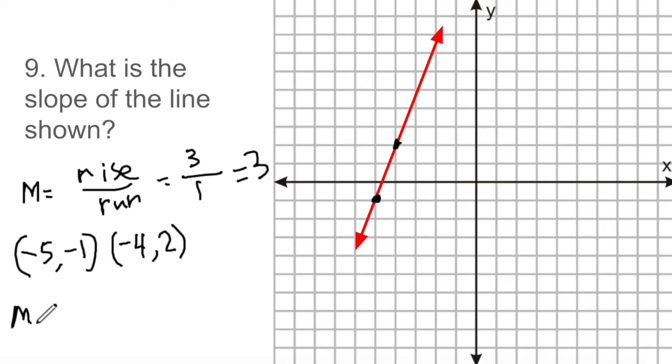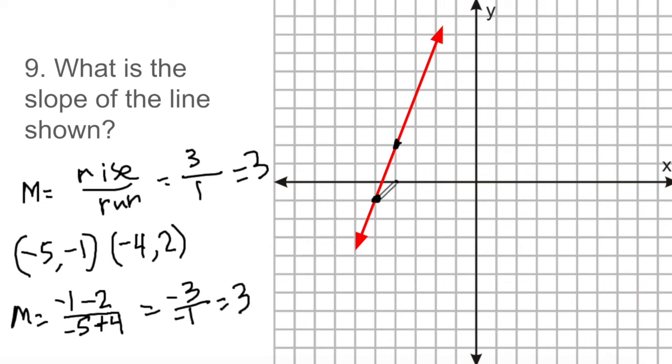So m equals y1, negative 1, minus y2, 2, over x1, which is negative 5, minus x2. So we're going to change that to a positive 4 because there's two negative signs. And when we simplify this, we get negative 3 over negative 1. And the two negatives cancel each other out, and that simplifies to 3.